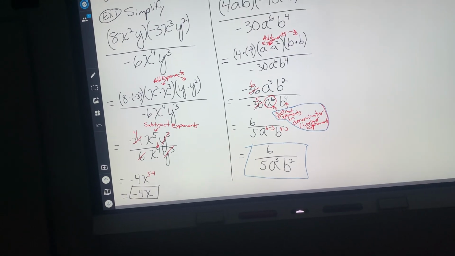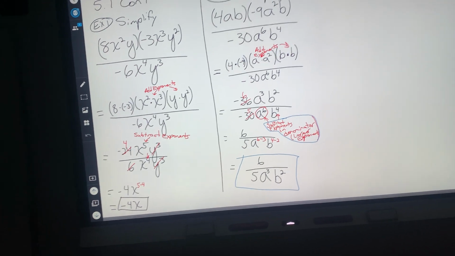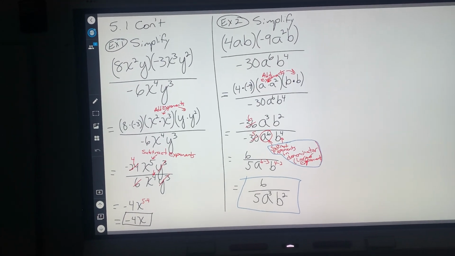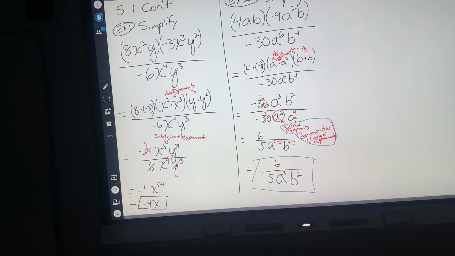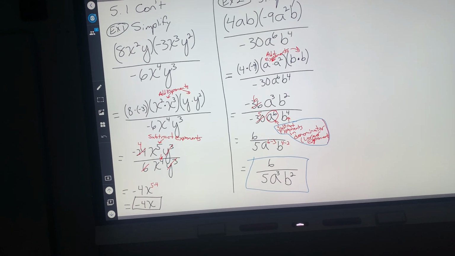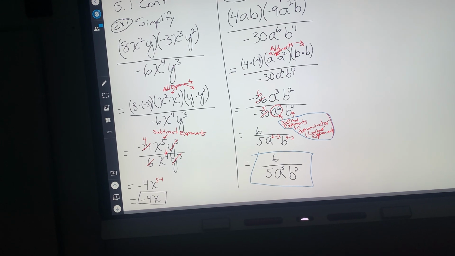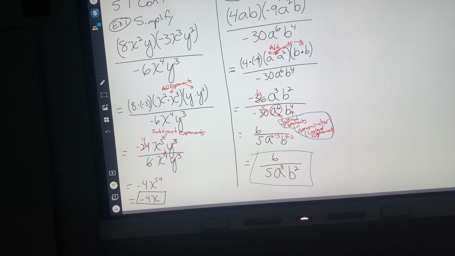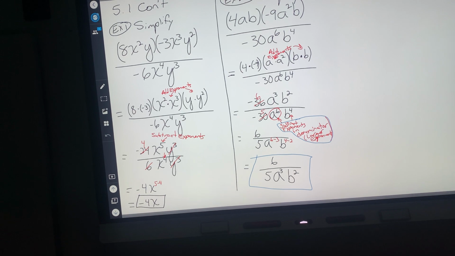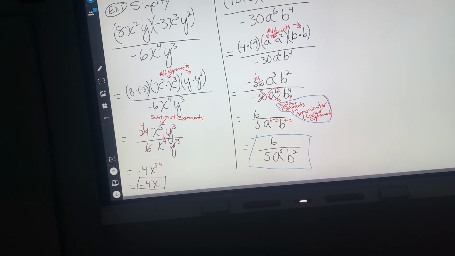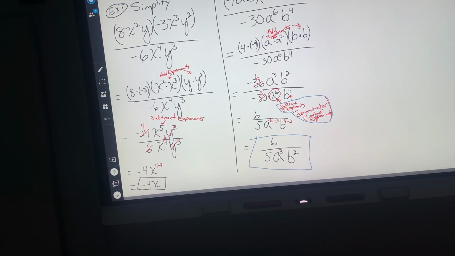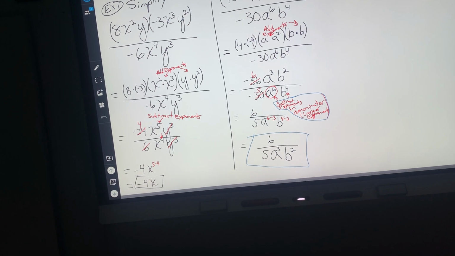In this example 1 here, we're now looking at multiple variables. In the first example, 8x squared y over negative 3x to the third power y squared. Like we did earlier, we took the coefficients and multiplied those together.